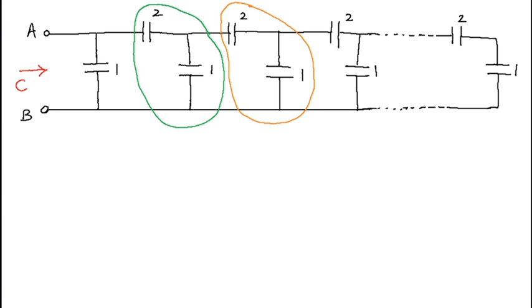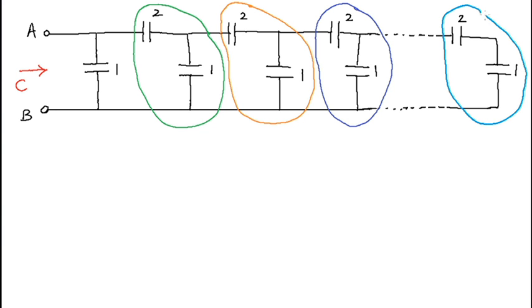It appears yet another time over here, and this particular unit of 2 microfarads and 1 microfarad is given to be repeated an infinite number of times until finally you reach the last unit of 2 microfarads and 1 microfarad over here. Notice that in addition to this infinite sequence of 1 and 2 microfarad capacitors, there is this individual capacitor of 1 microfarad over here, which does not belong to any unit of this sequence whatsoever.